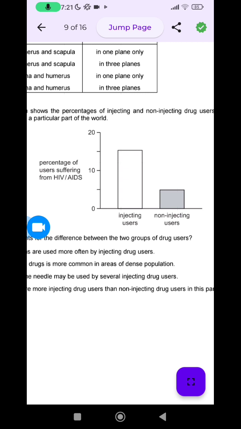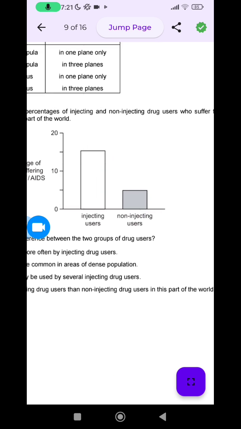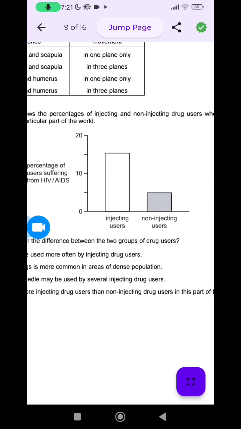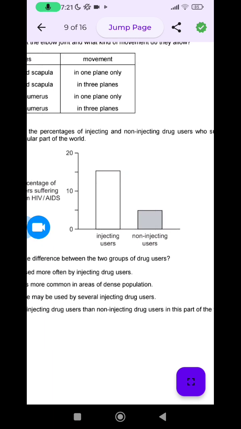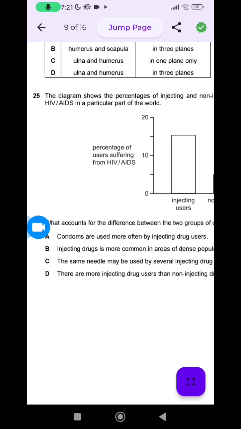Now, as we can clearly see, the people who are used to injecting drugs into their body have a higher percentage of AIDS in them. Now, this must mean that there must be sharing of needles between these people, which results in the spread of HIV. So, A option is not related to that.